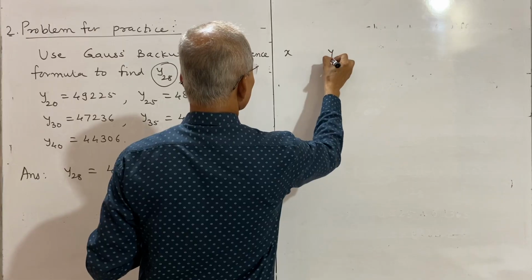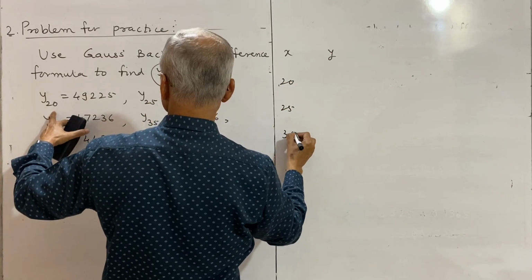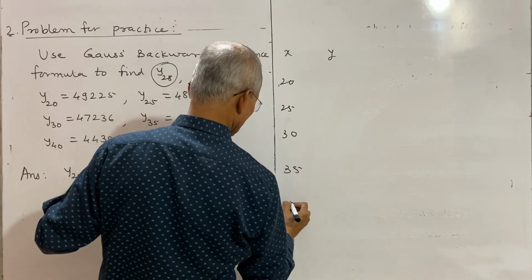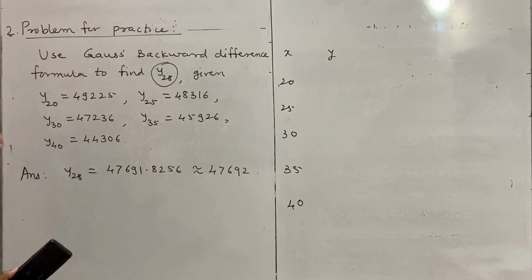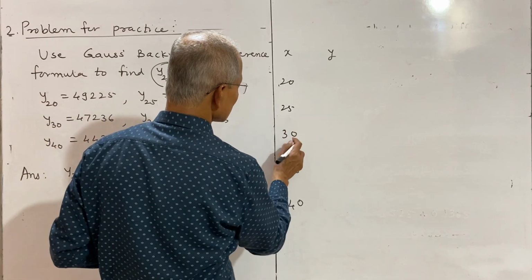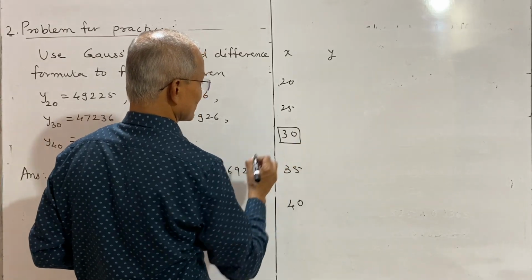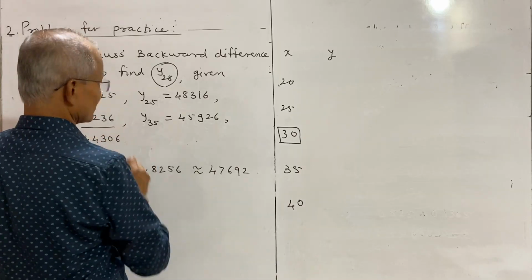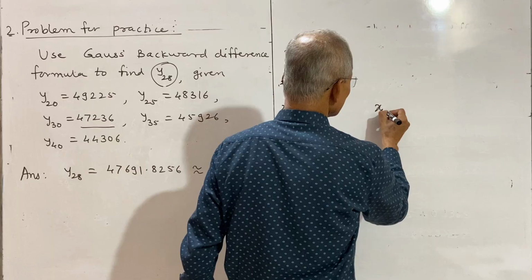So x and y are to be written as 20, 25, etc., 35, and then 40. Five values are given, and we have to estimate y at 28. 28 lies near 30 and below 30, so we take this as x naught, and the corresponding value will be y naught. Construct the table, and we take x naught as 30.